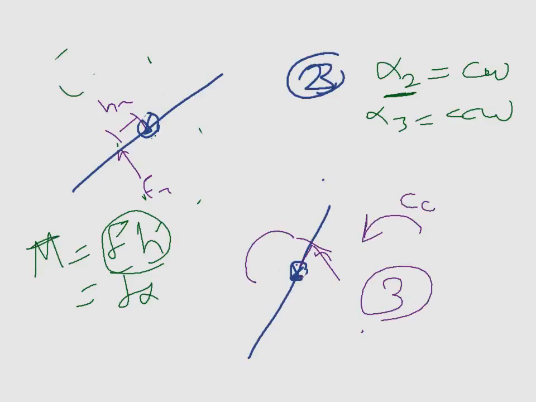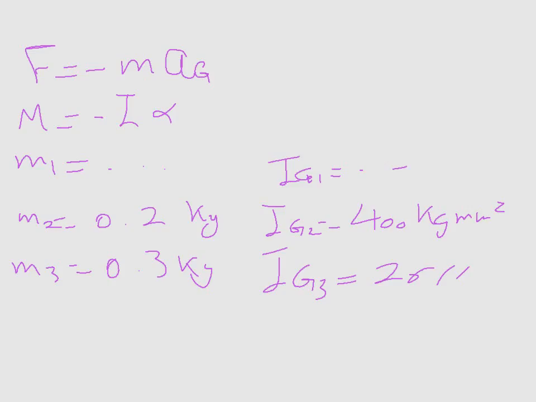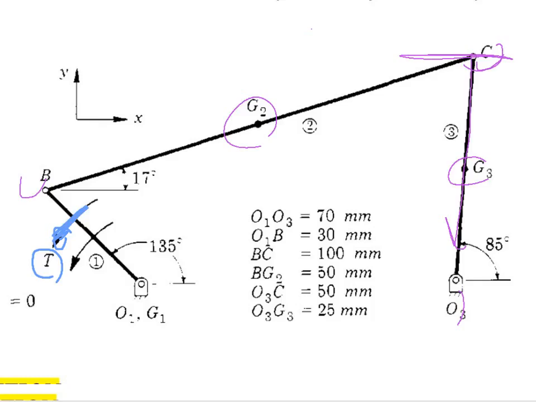So it gives me a moment like that. I take this as my pivot, and this is my force, and you know that rule from previous mechanics of materials. Alright? Since you do that, your answer will be about 80% solved.